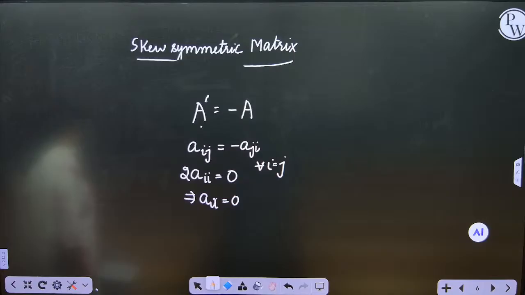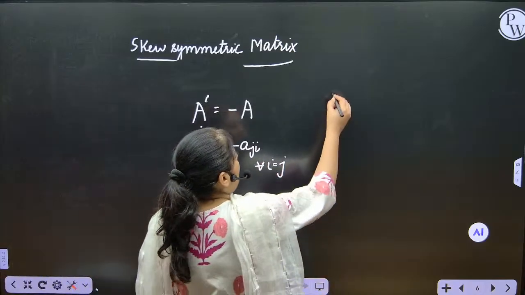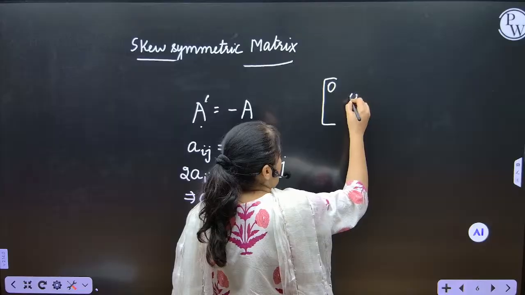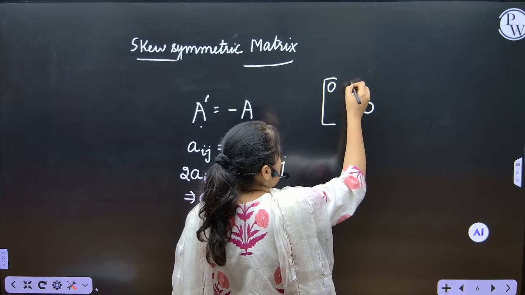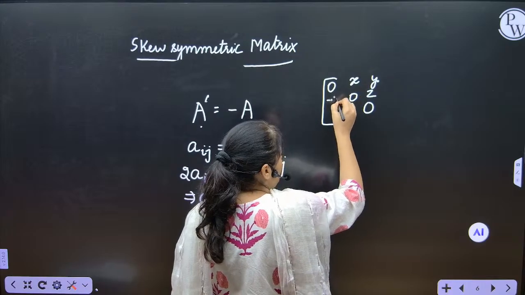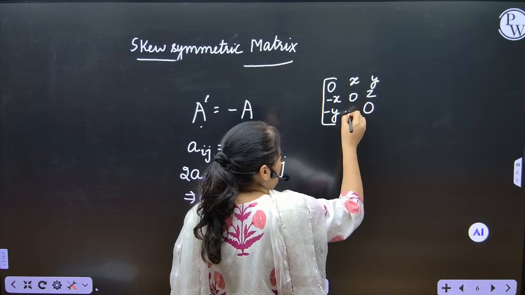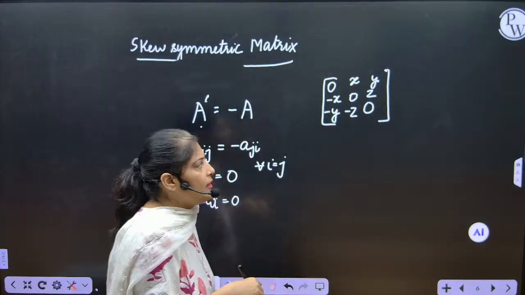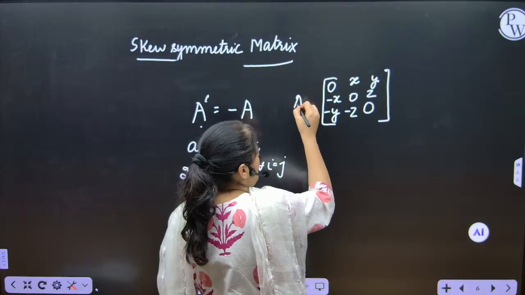So what will it be? Skew symmetric matrix example, if I take any matrix, as I said, diagonal elements will come out to be 0. So it will be 0, x, y; minus x, 0, z; minus y, minus z, 0. Now suppose this is the A matrix.